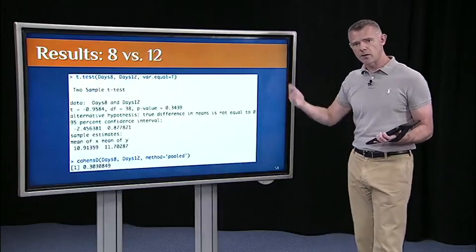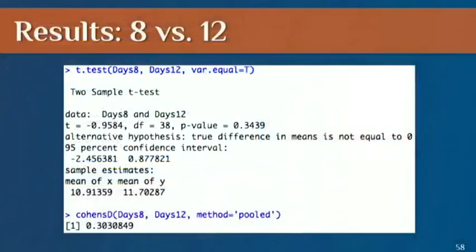So here's the first one of a series. The first one I did was just 8 days of training versus 12 days of training. It's still the same function in R that we used for the dependent t-test, t.test. And we just put in the 2 variables that we want to compare.